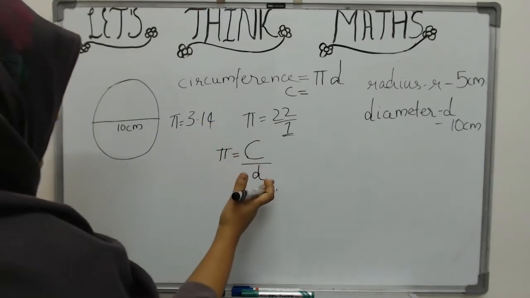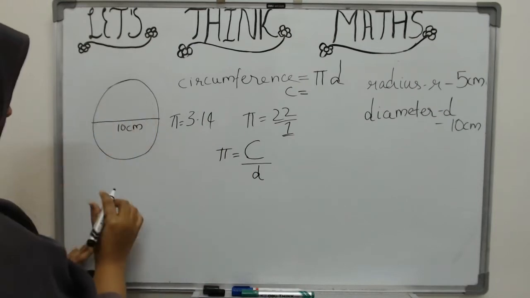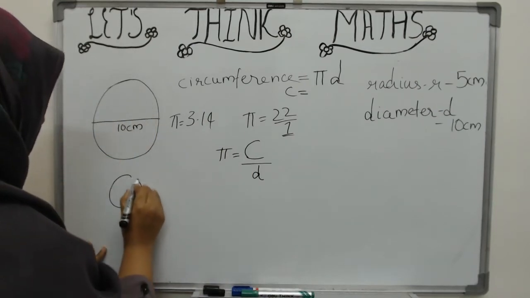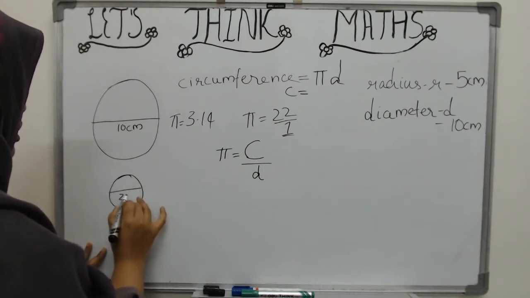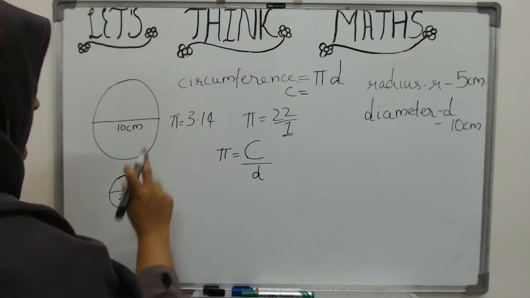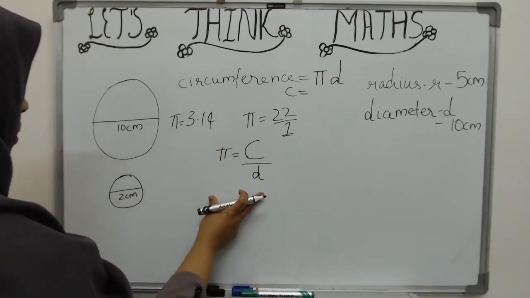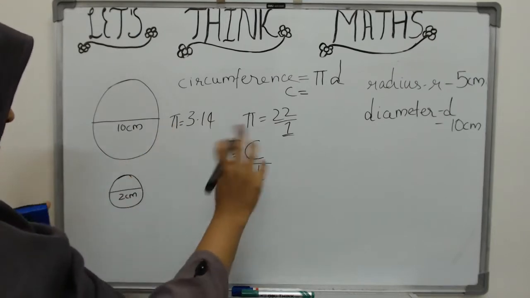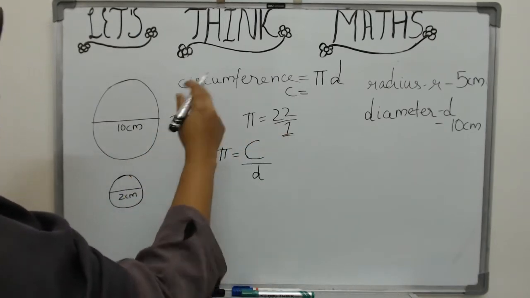Now, what does that mean? However big or however small your circle is, suppose you consider an extremely small circle, just with a diameter of 2 centimeter. However big it is or however small it is, the ratio of the circumference to the diameter will always be approximately 3. Why approximately 3? The real value is 3.14.